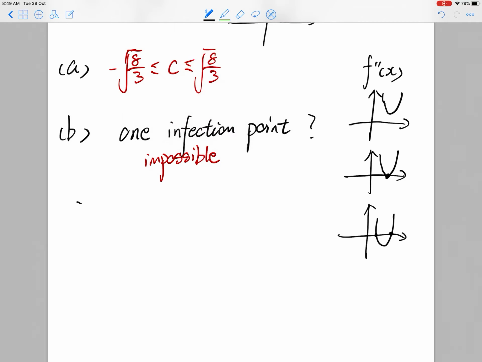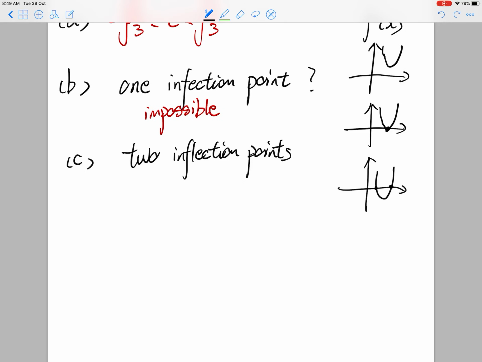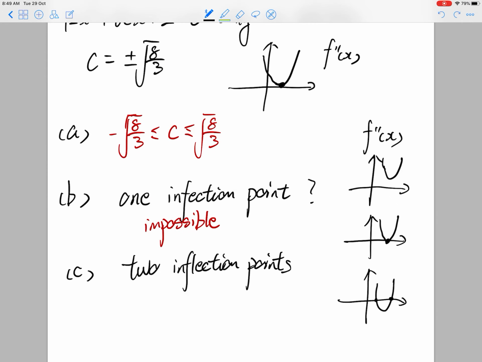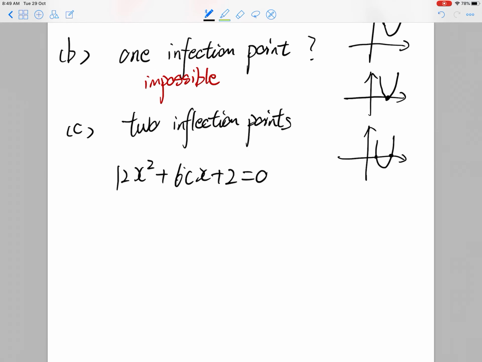Okay. Then last part, 2 inflection points. Two inflection points is exactly like this graph. The second order derivative changes twice, which means your second order derivative equals 0 has 2 different solutions.